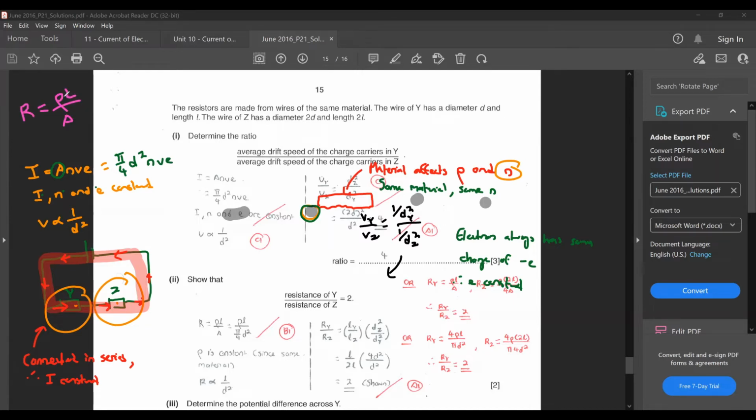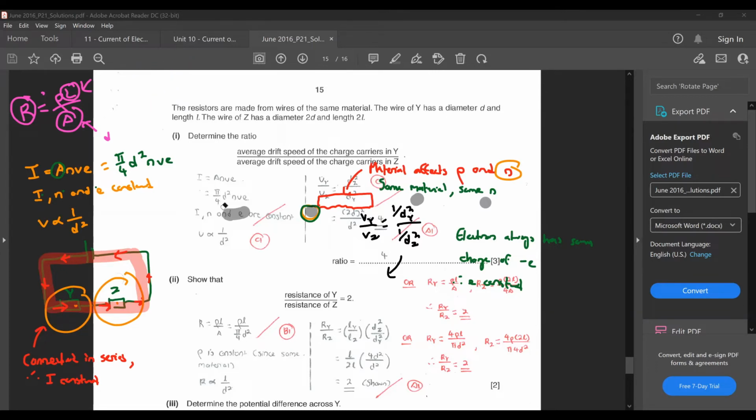In general, when you look at your question and you see mention of resistivity, length, and cross-sectional area, you know for sure most of the time you're going to use this. If you see mention of length, and diameter or area, most of the time you will need to use this equation. I know you also use the other one sometimes, but don't use that. Use this one right now.